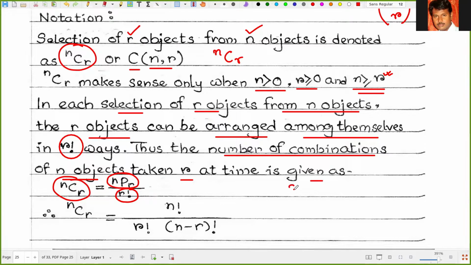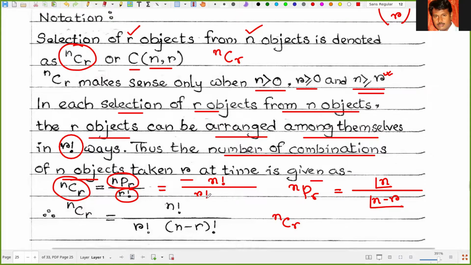We know nPr is factorial n upon factorial n minus r. So nCr, that is nPr upon r factorial, becomes n factorial upon r factorial and n minus r factorial. That is the formula for the combination.